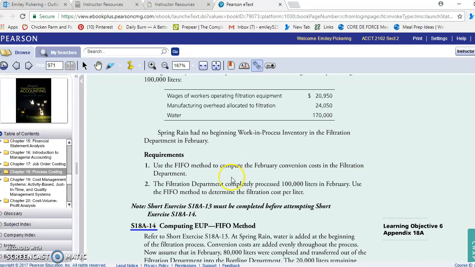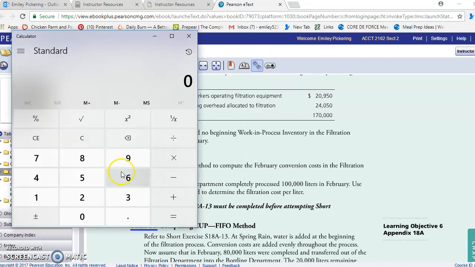As far as direct materials, and direct materials, by the way, is the water, we have 170,000 divided by 100,000, so $1.70 per equivalent unit, or there's really no equivalent unit in this case.